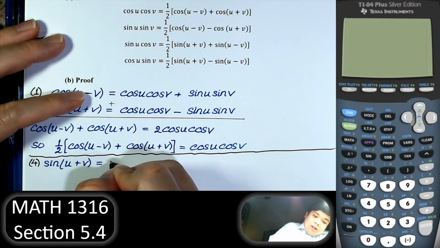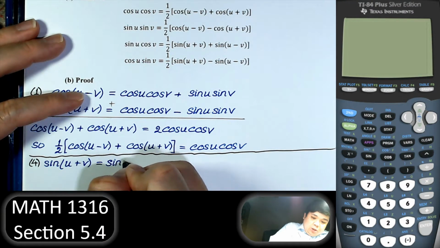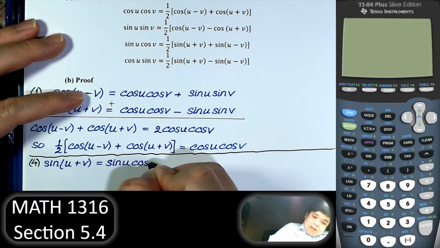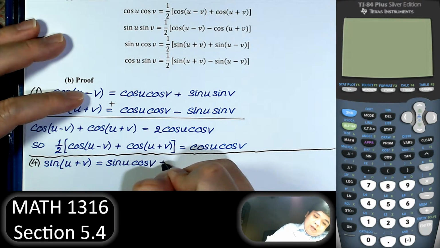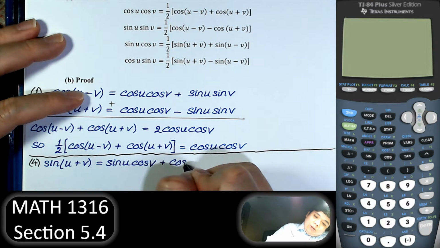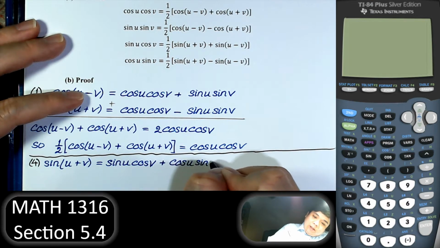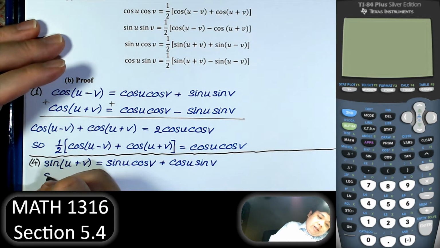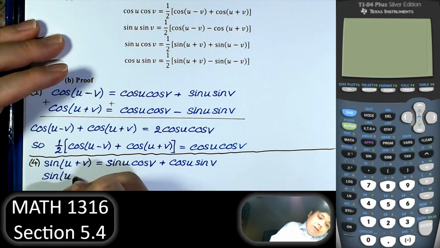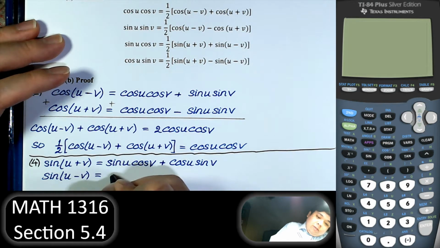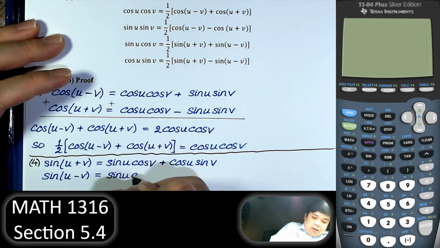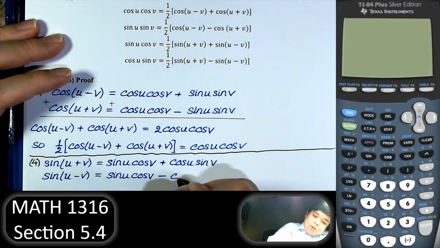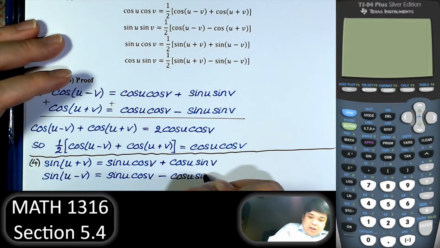It's going to be sine u cosine v plus cosine u sine v, and then sine of u minus v is sine u cosine v, subtract cosine u sine v.